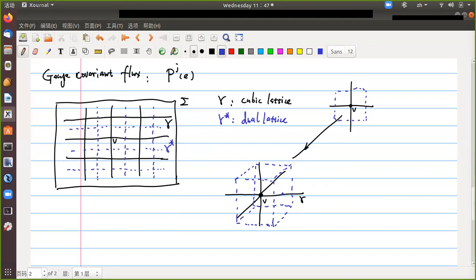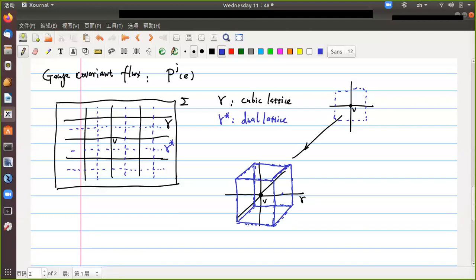Maybe I use a solid line so we can see it better. Okay, so here it's like you have this vertex, and you make a box and enclose this vertex.